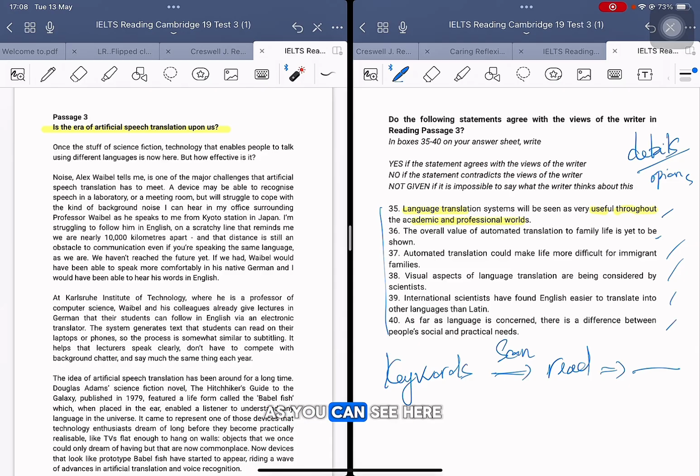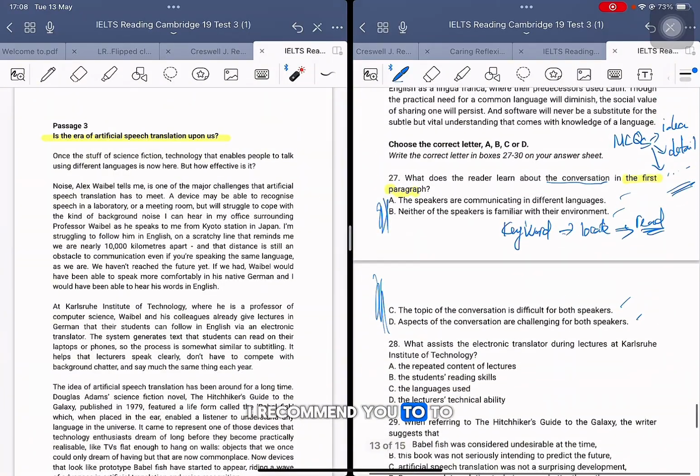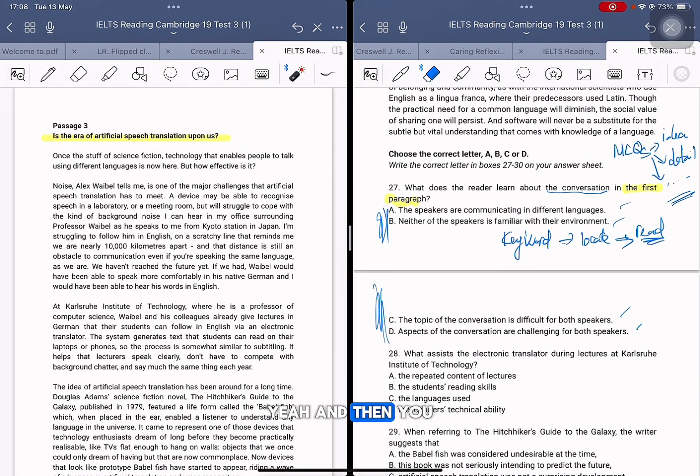So to sum up, for passage 3, I recommend you have a look at the questions, and then you need to identify keywords and go back to the text here, right? Scan quickly to locate the keywords and read that piece of information only and then answer the question.